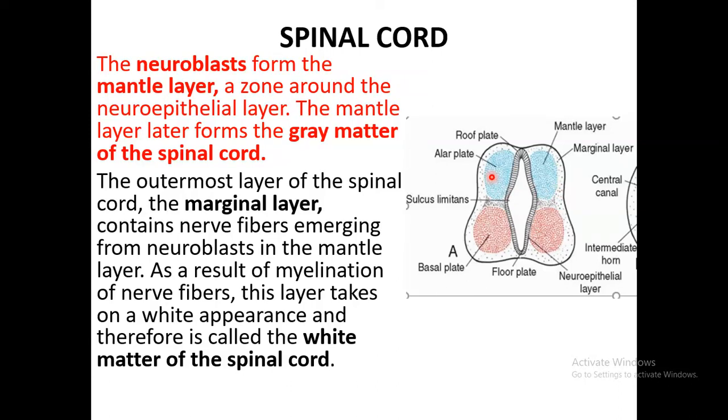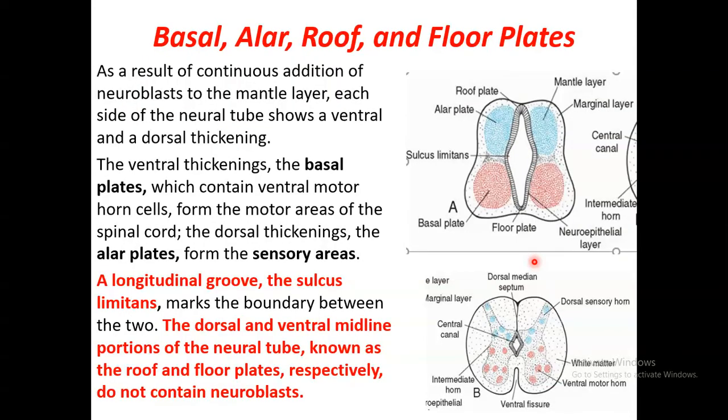The mantle layer gives rise to gray matter, while the marginal layer gives rise to white matter. It is also an important MCQ. Now, as a result of continuous addition of neuroepithelial cells in the mantle layer, this is the mantle layer.